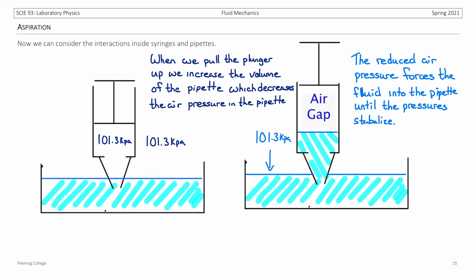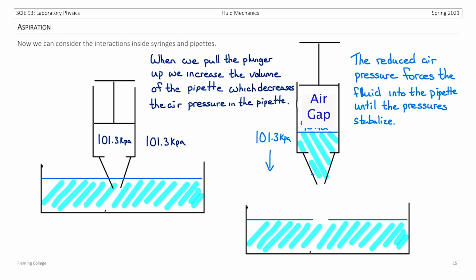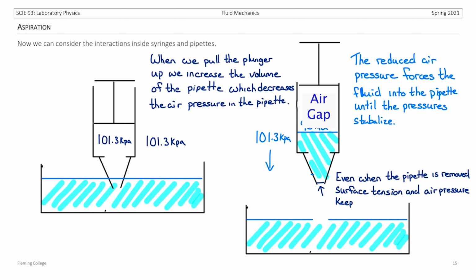This has the effect of drawing fluid up into the pipette. Now, even when we lift the pipette out of the fluid, the surface tension of the fluid and the air pressure outside of the pipette work to keep the fluid in the device for most fluids.